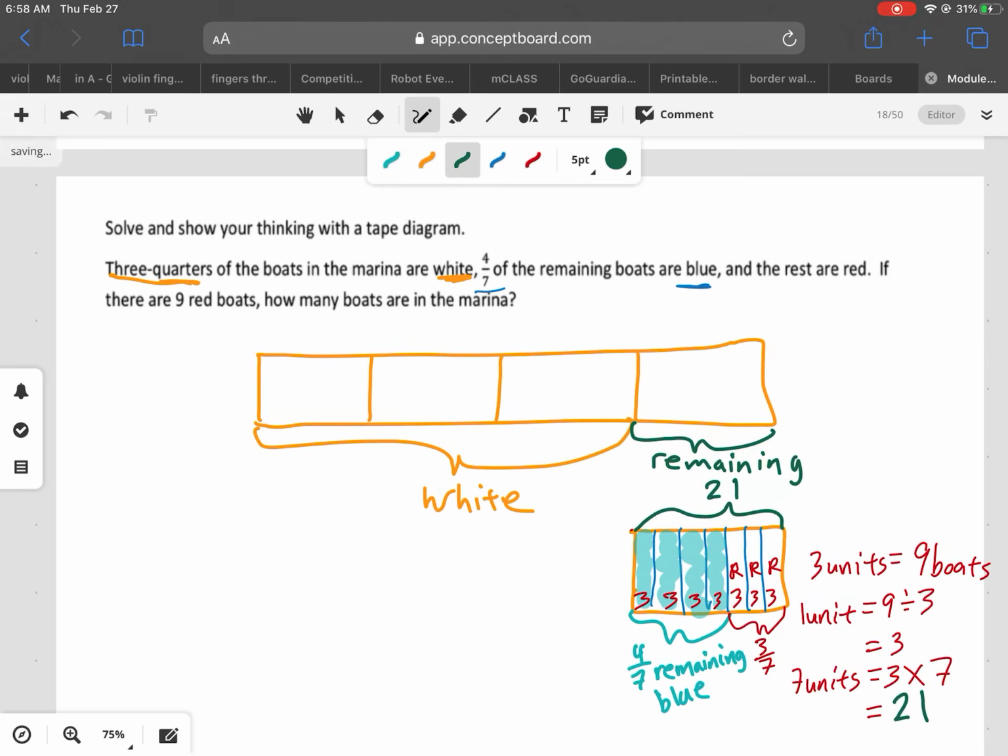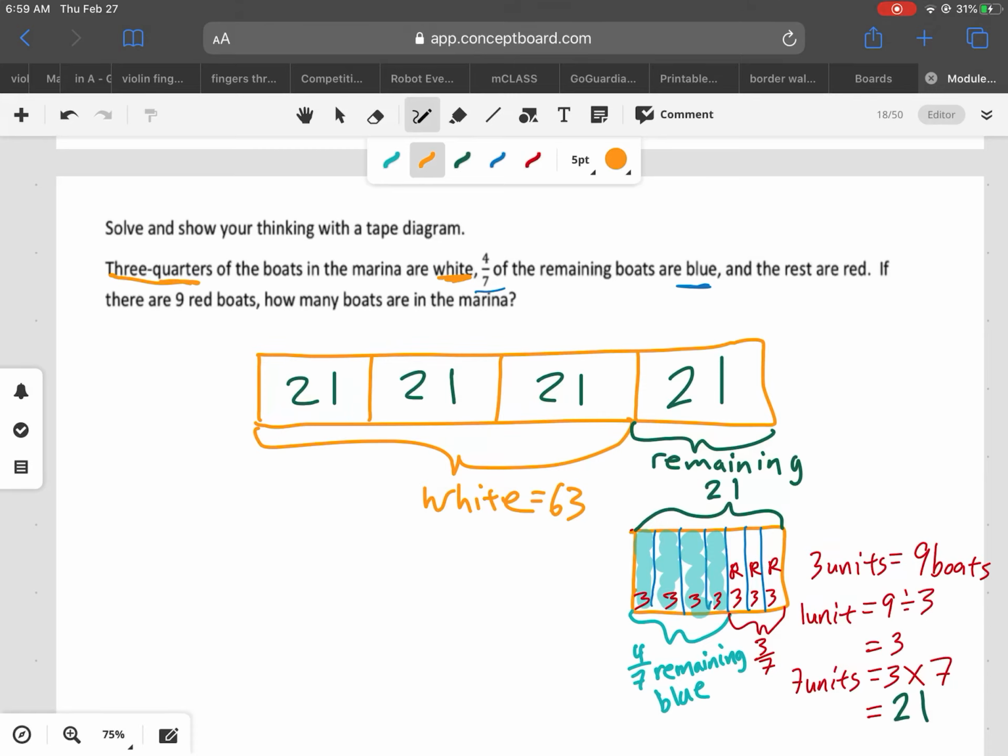So this second tape diagram right here, the remaining, there's 21. Not that we need to know for sure, but there are 63 white and 21 remaining.